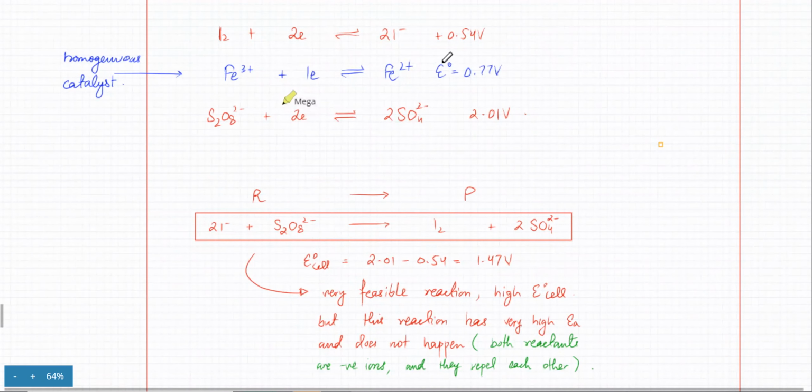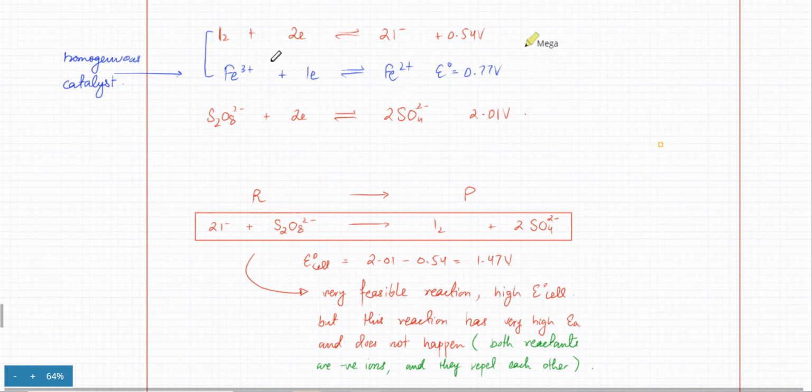What it's going to do is that this iodine equation is not reacting with the S2O8 equation, because of these apparent reasons. This catalyst would help them react indirectly. What would happen is that the iodine equation, which we know is not going to react with the S2O8 equation, instead goes and starts reacting with the Fe3 plus catalyst.